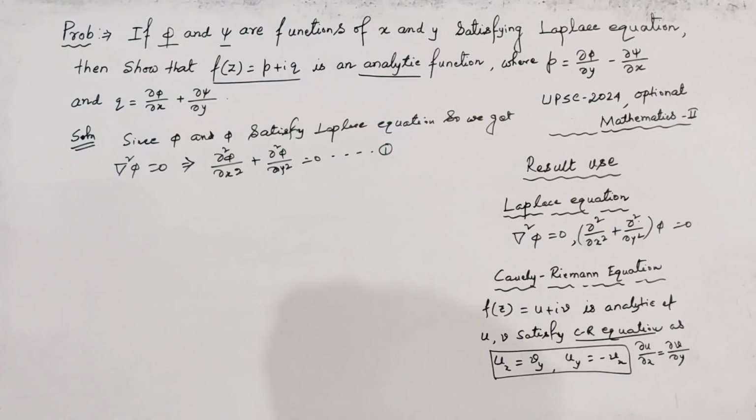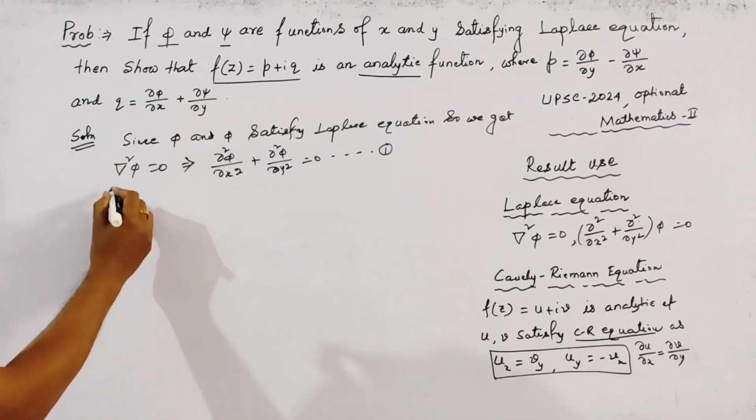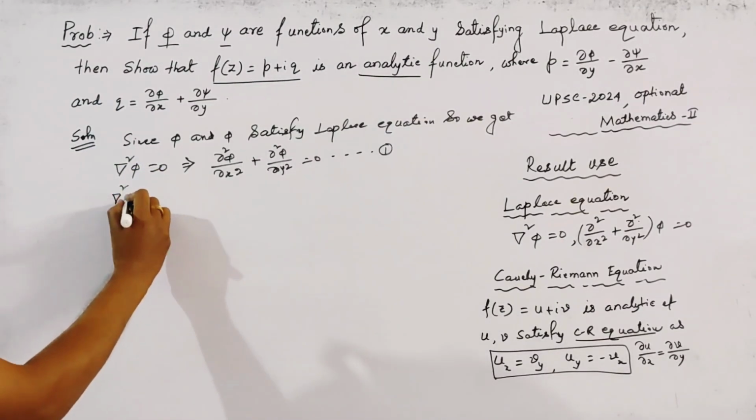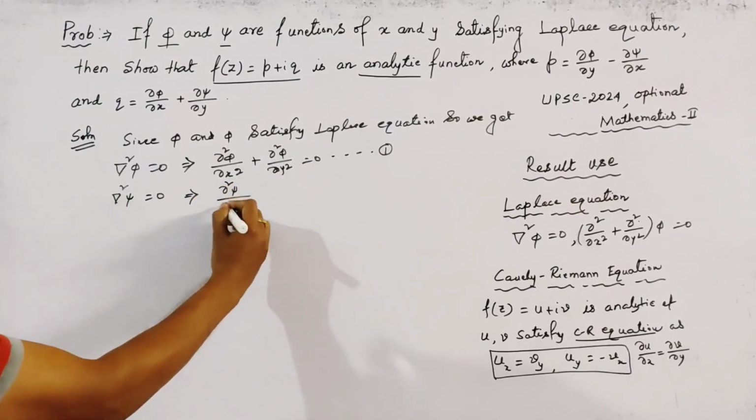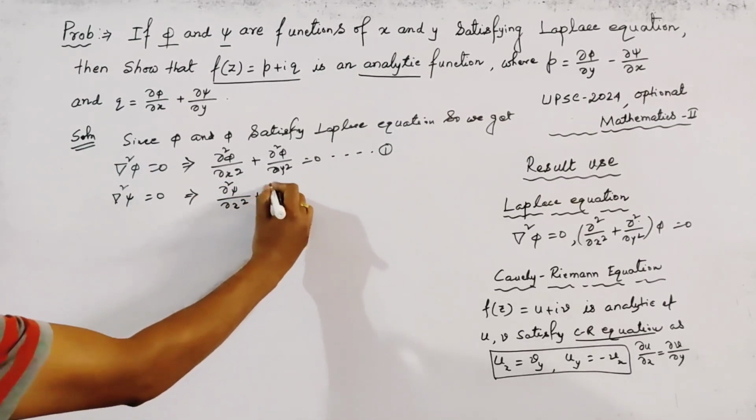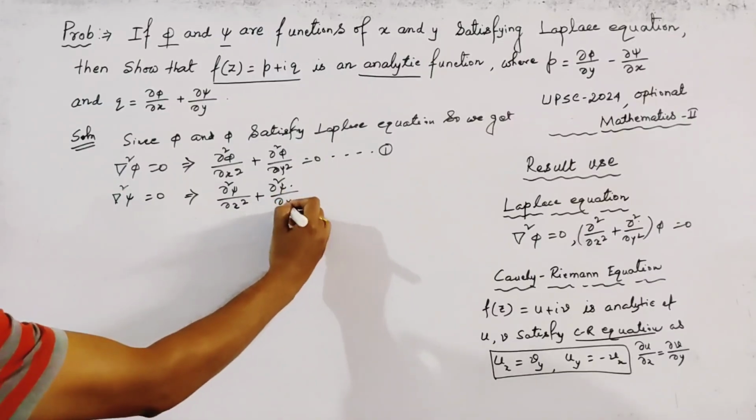And similarly nabla square psi equal to 0, so this is del 2 psi by del x2 plus del 2 psi by del y2 equal to 0, and this is 2.